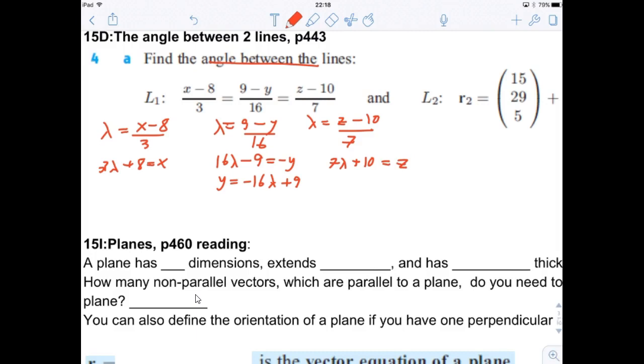And so now we're going to rearrange it into a vector equation. x, y, z is equal to the position vector 8, 9, 10 plus the direction vector, and I'm just taking the multiplier of each lambda here to find the direction vector.